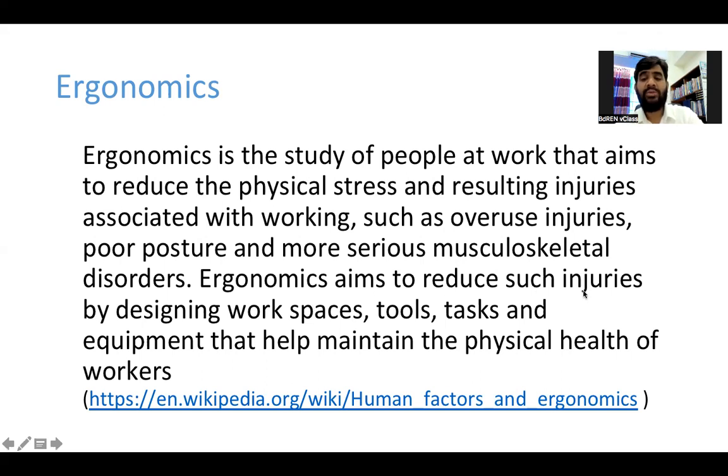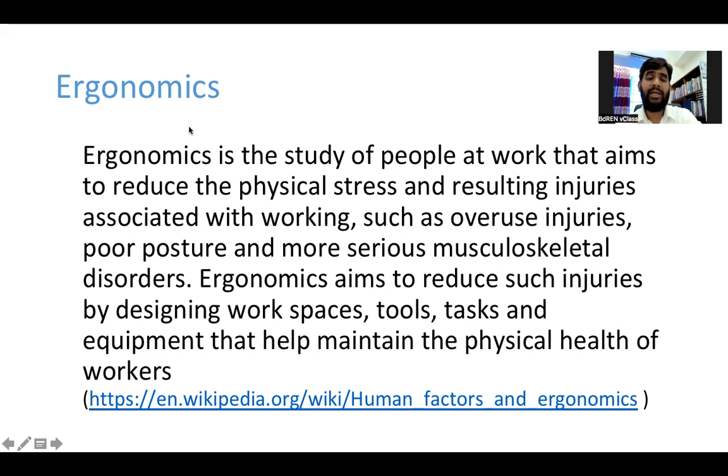Ergonomics aims to reduce such injuries by designing workspaces, tools, tasks, and equipment that help maintain the physical health of the workers. So when people are working in the operations department, maybe his sitting position, standing position, his movement, his table, his chair, everything should be comfortable with the job and the people involved. It is also known as human factor engineering.